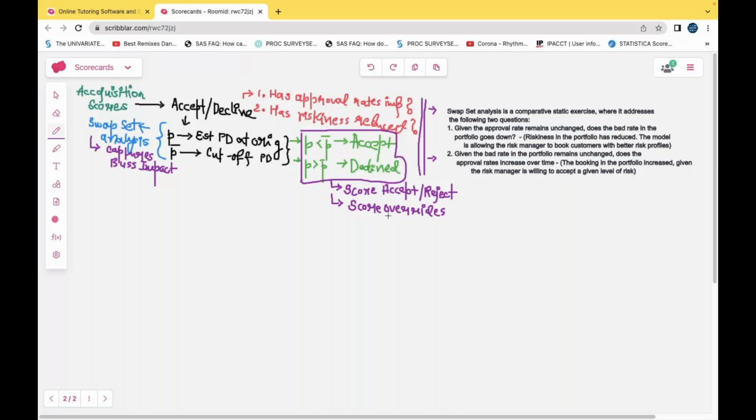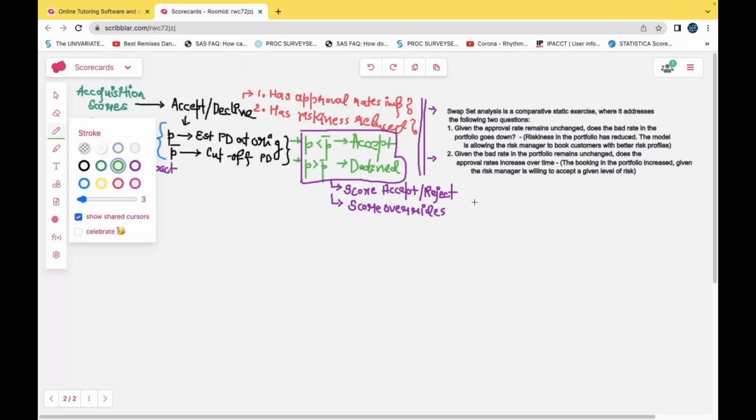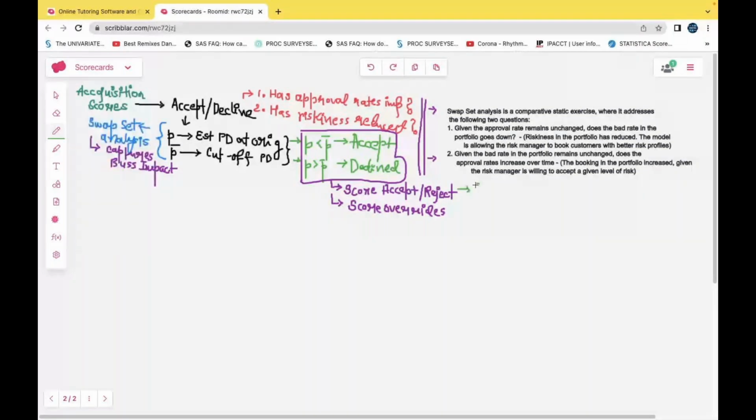The score accept reject part is taken care of by the plain scoring framework or the model scoring exercise, right?